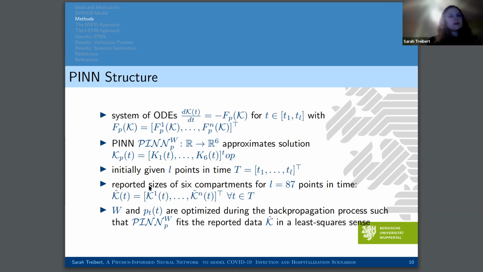The weights w and the parameters p are optimized during the backpropagation process such that the PINN fits the reported data in the end. This is what the PINN does: it tries to approximate the solution of the compartment sizes. In our case, we concentrated on the infected and the hospitalized compartments, so K1, K3 and K4.